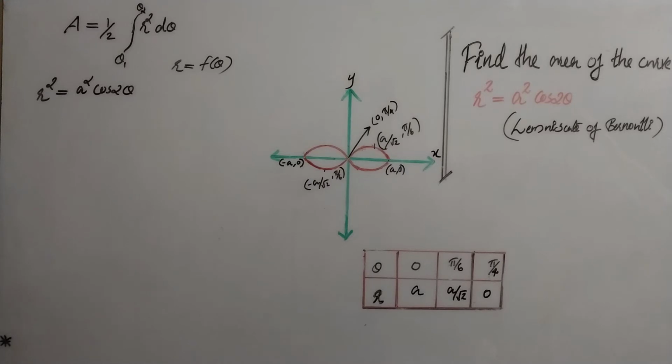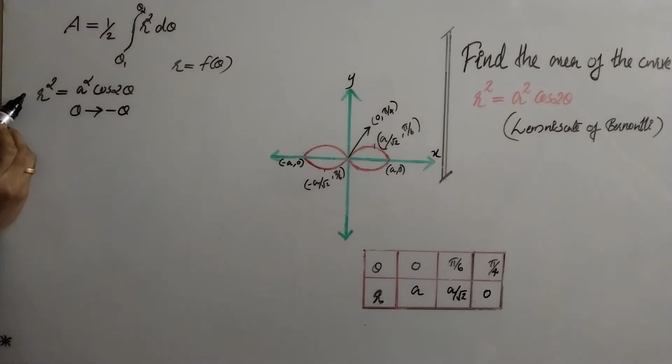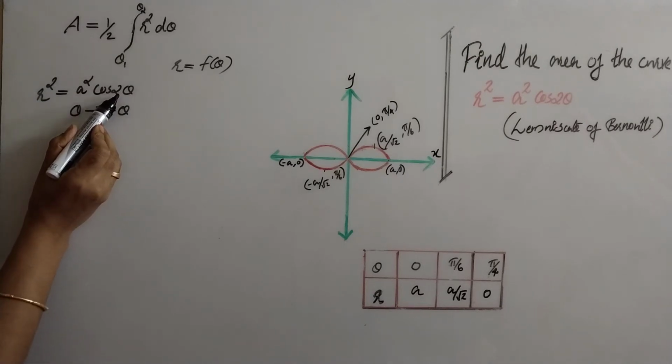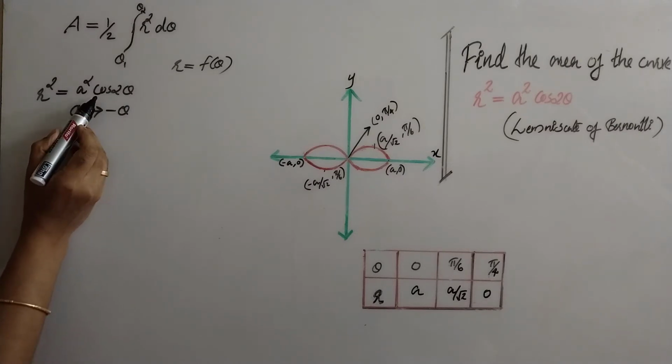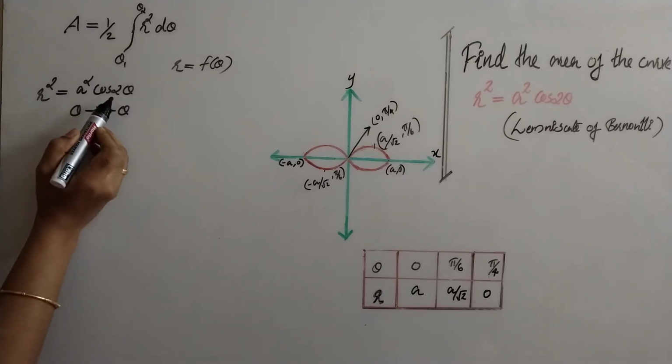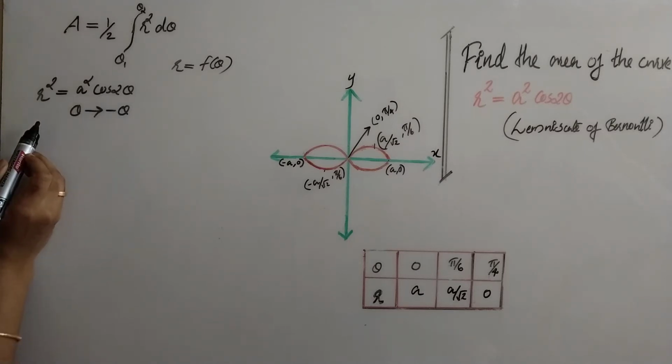And if we change theta by minus theta, we can see that the given equation has no change. If we change theta by minus theta, this equation becomes r square is equal to a square into cos of minus 2 theta, and cos of minus theta is cos theta itself.